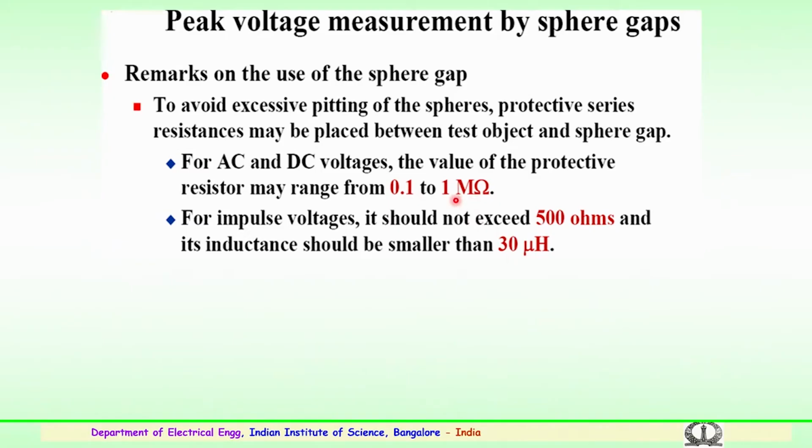For impulse voltages, the specification says the series resistance should not exceed 500 ohms, and its inductance, particularly the lead inductance or the resistor's inductance, should be very small, less than 30 micro Henry.